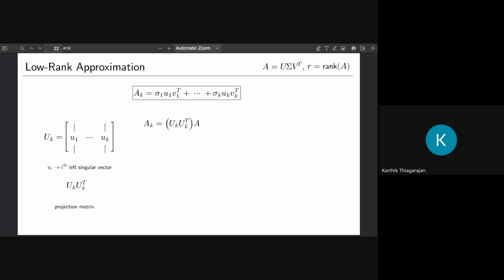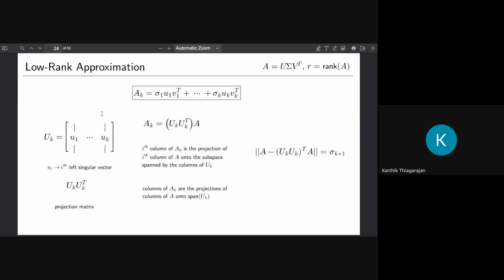U_k transpose A is nothing but the best rank k approximation. This is the best possible error you can get. Any other rank k matrix is going to have an error more than this.